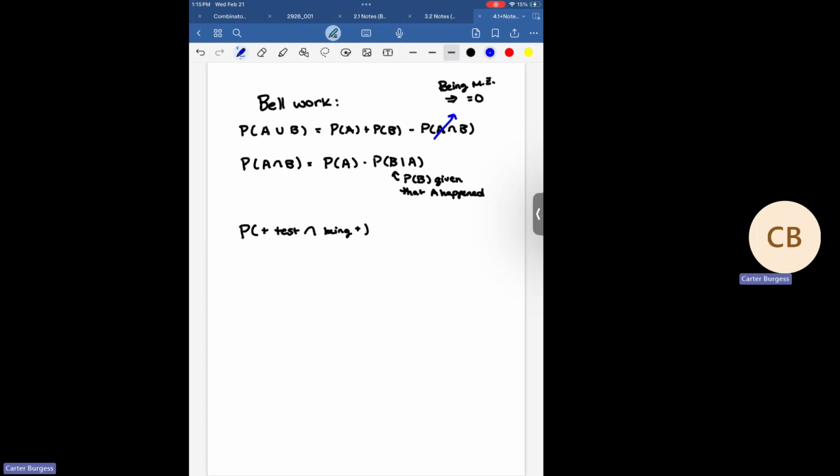So mutually exclusive is one thing, but that's only for OR statements. Independent is what we have for AND statements. These two can get pretty easily confused, which is why I want to highlight this. If the probability of B given A is just the same as if A had never happened, then these are independent.